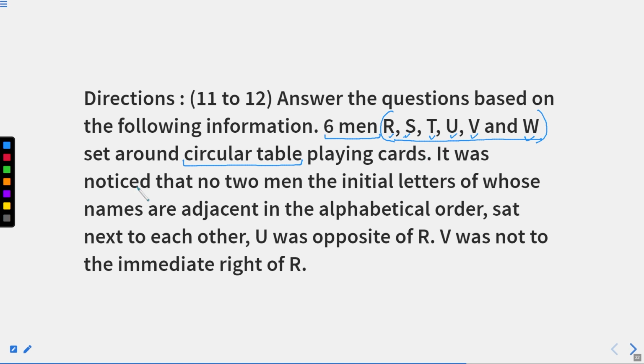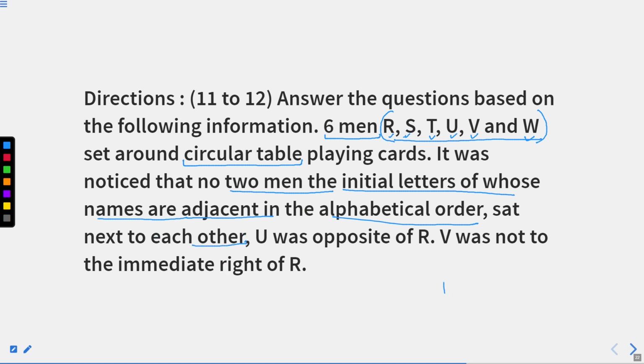It was noticed that, now the instruction is here: no two men whose names initially have letters adjacent in the alphabetical order are set next to each other. Now this is the first set of instruction.